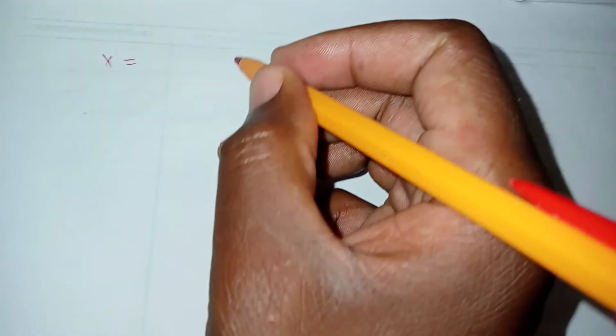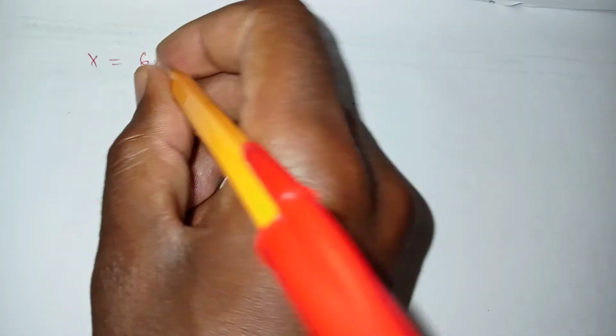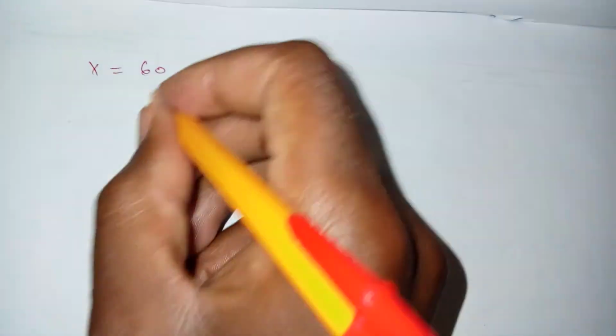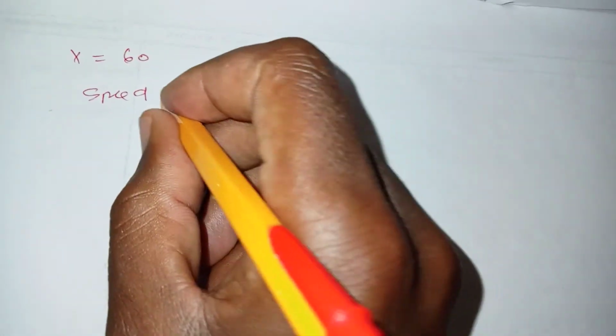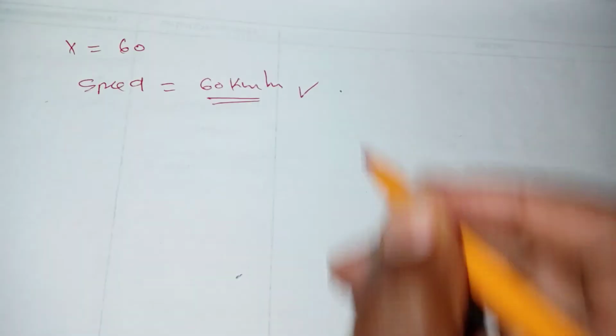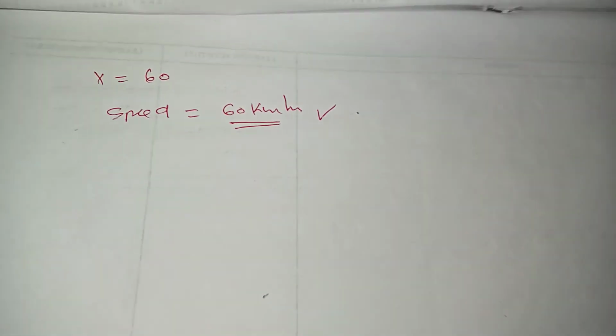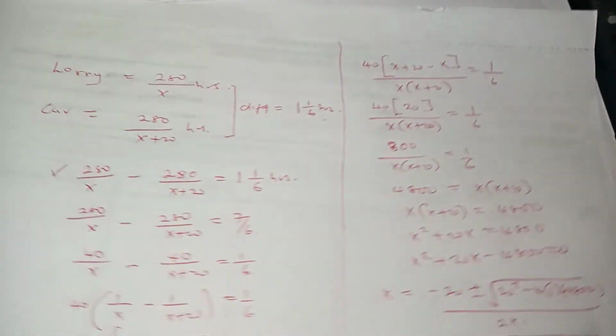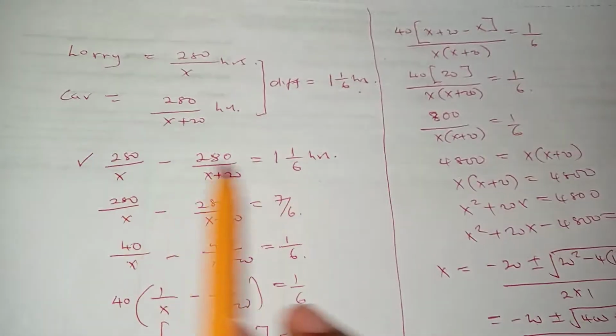So x equals 60 because the other one is negative. So we take 60. The speed of the lorry is 60 kilometers per hour. That's okay. So that's very important. We needed to understand that concept from the start.